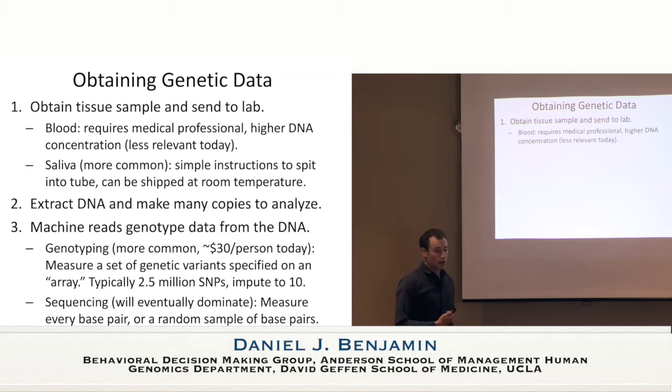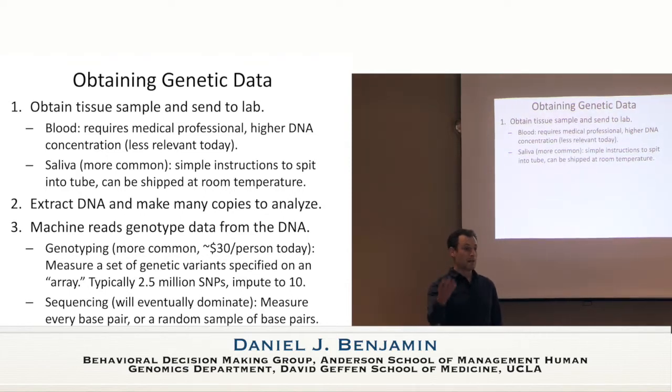It used to be blood was the kind of tissue you'd need to collect, and then you needed a specialist who knew how to draw blood. Today, what's much more common is saliva samples, which are very easy to collect. You can just get someone to spit into a test tube, and the saliva preserves the DNA well for several days at room temperature, so you can just mail it to a lab.